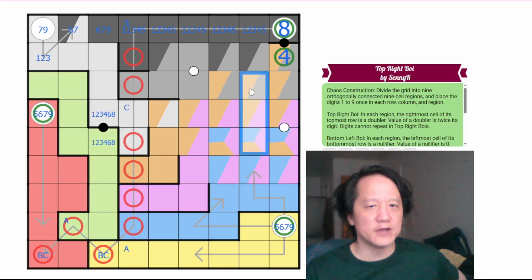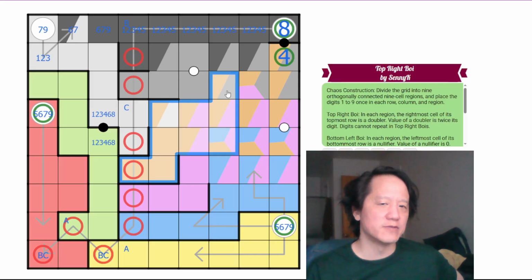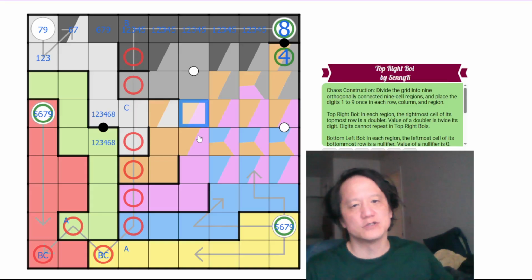So I was trying to think where it could go here. 1, 2, 3, 4, 5, 6, 7, 8, 9. I guess that is possible. The thing, you have orange 1, 2, 3, 4, 5, 6, 7, 8, 9 could go that way, right? That's the reasoning why that could be pink here. Pink cannot go here because then that blocks orange from being a full region, which is not allowed.